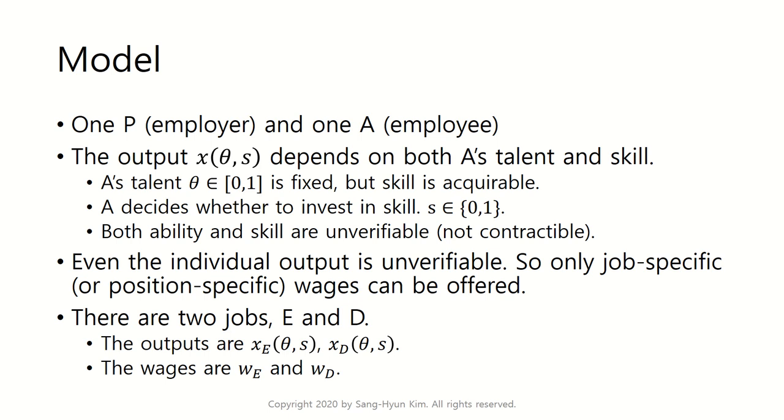It's not a function of X, right? So the wage is not a function of output or performance, because we assume the output or performance is unverifiable. So now the wage is just a function of position or job.